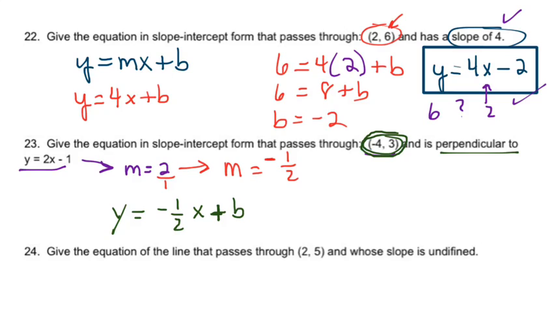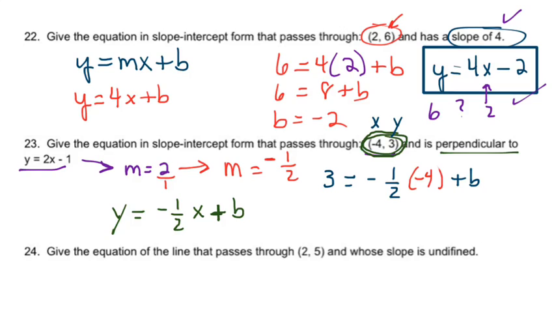So I will plug in a 3 for x. Let's get the right thing. When I plug in that 3 for x, I flip-flopped my x and y there. I should have plugged in a -4 for x. And when I do that, my y value is 3.